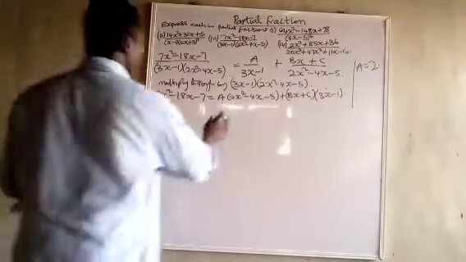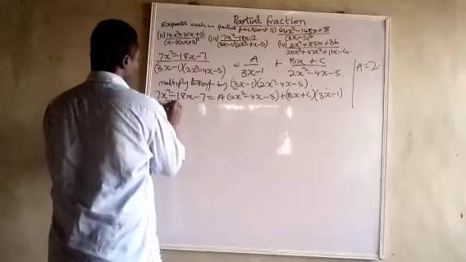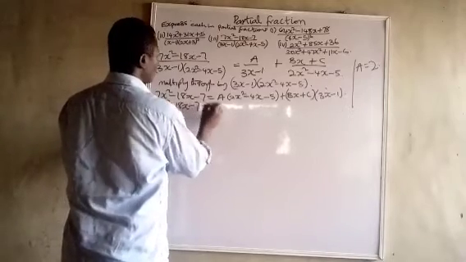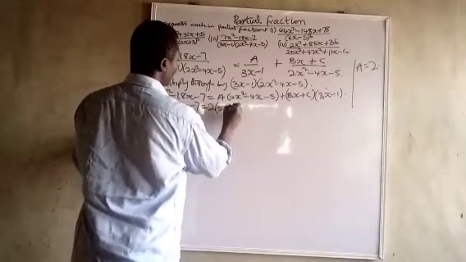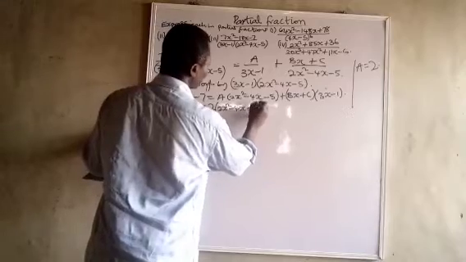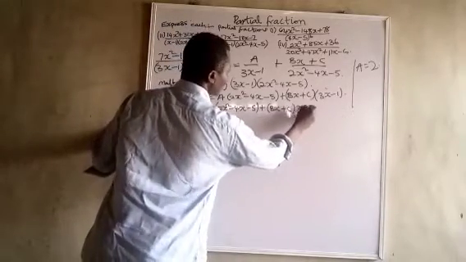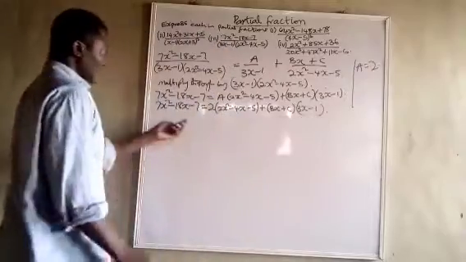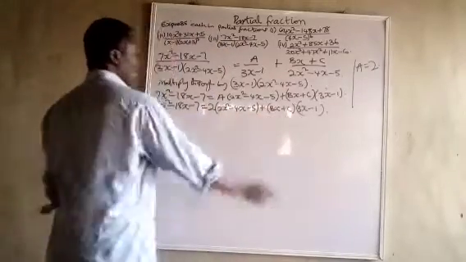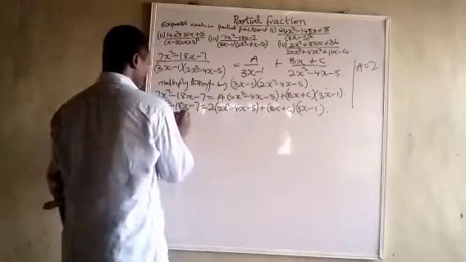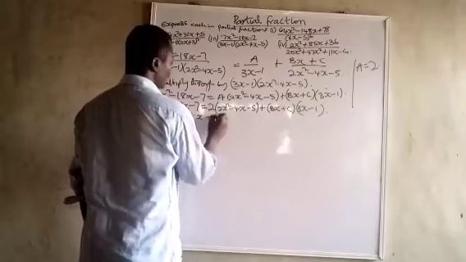So I can bring in the value of a into this expression. I can now say 7x squared minus 18x minus 7 is equal to 2 into 2x squared minus 4x minus 5 plus bx plus c into 3x minus 1. Now, I have two constants left. I can zeroize this one by making x to be 0. So let x be equal to 0.